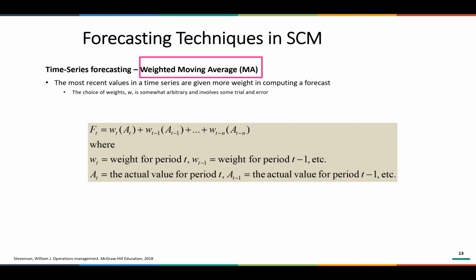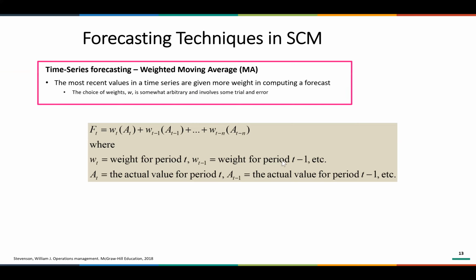For example, you put the weight here 0.5, the second last period will be 0.3, and here will be 0.2. This weighted approach will sometimes work better to make a more reliable forecast. So this one is called the weighted moving average.